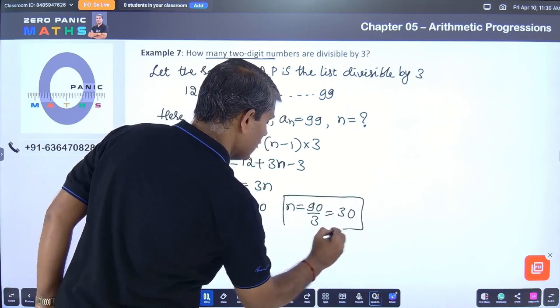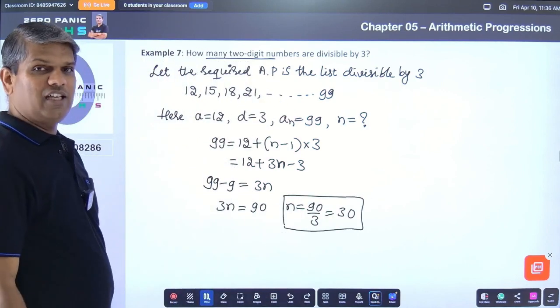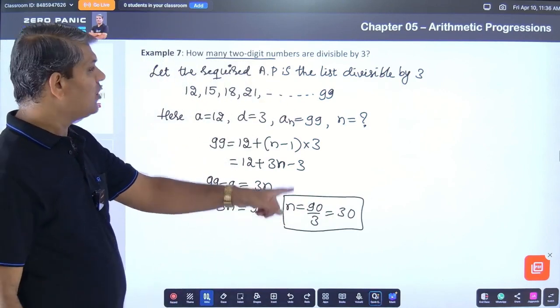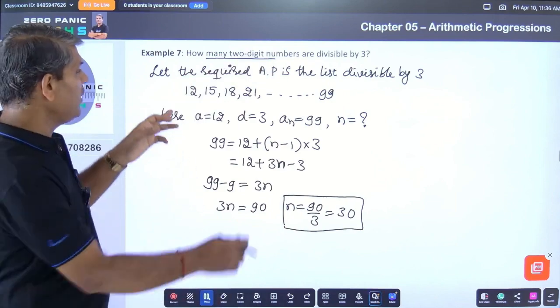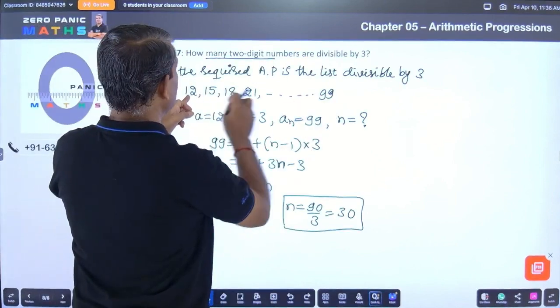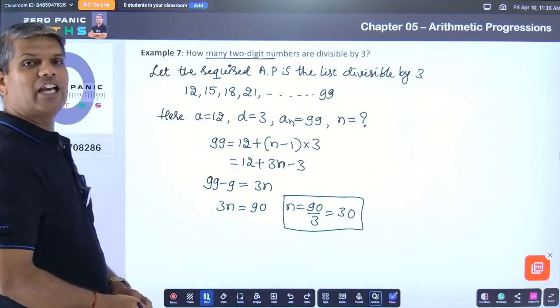So what is the value of n? 30. And n we considered in this problem is how many total terms exist in this given arithmetic progression.